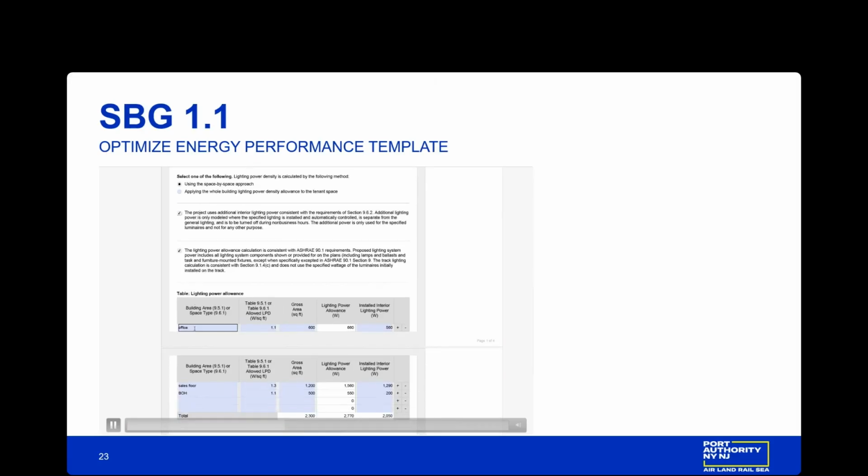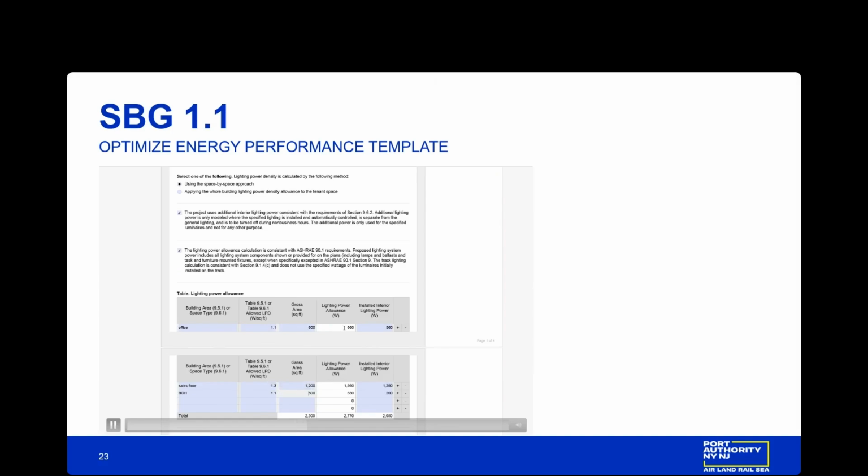Lighting and power, this is the lighting power density calculation template, the tables, where you basically create each individual space. You transcribe what is required by the ASHRAE standard for that particular space as far as wattage per square foot. You enter the square footage of the space, and then you calculate the wattage that you have allocated for that space.